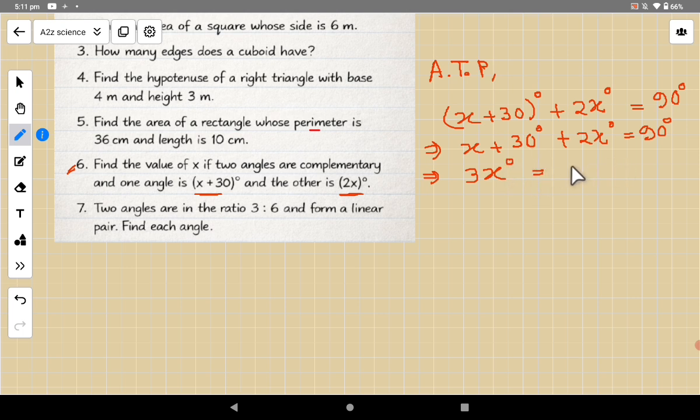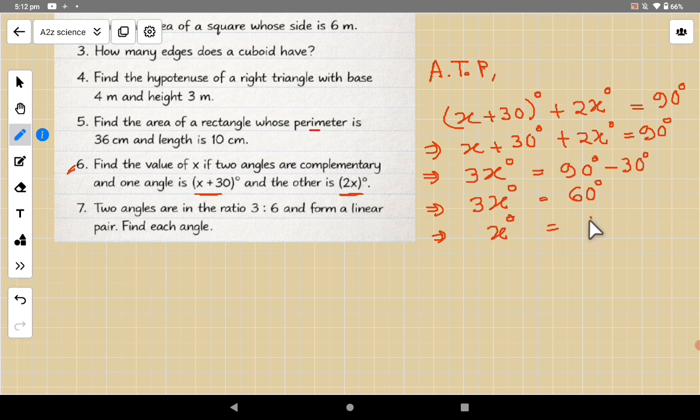And this 30 degrees will be subtracted from 90 degrees, as I am changing its place from the left side to the right side. On the left side its sign was positive, so when it goes to the right side, it will be negative. So 3x degrees equals 90 degrees minus 30, which becomes 60 degrees.